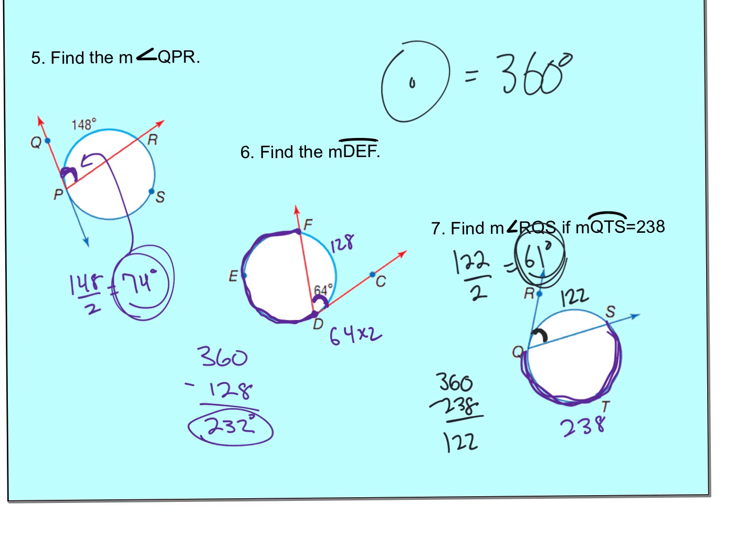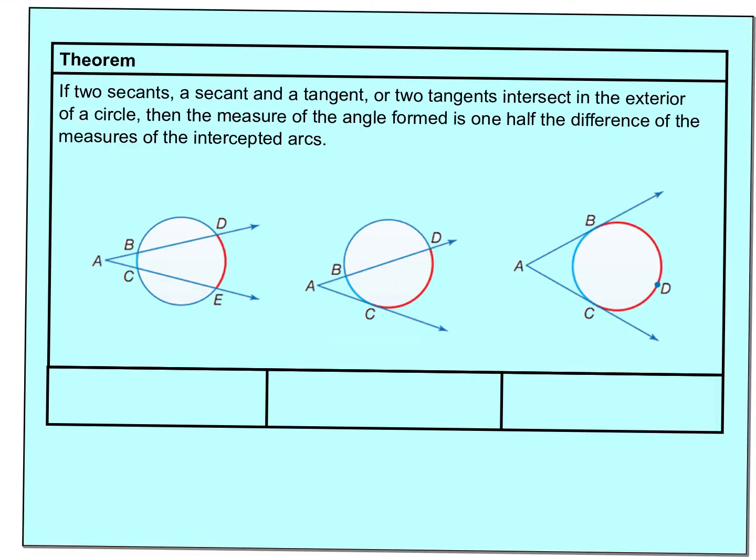Okay, so now don't forget, big idea, a circle has got to be 360 degrees. That's a key point in what I'm working with here. So in any of these situations, if I've got my angle on the outside, it's going to be half the difference. If you remember back when angles were on the inside, we would add them. Now that angles are on the outside, we're going to subtract them. So angle A is going to be equal to arc DE minus BC divided by 2.